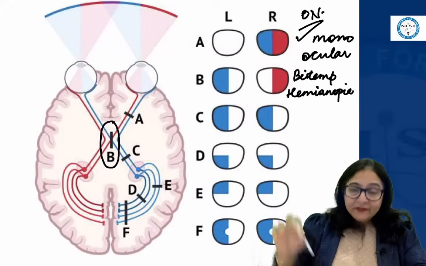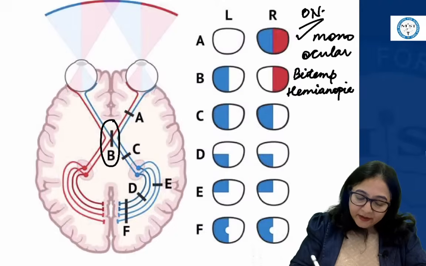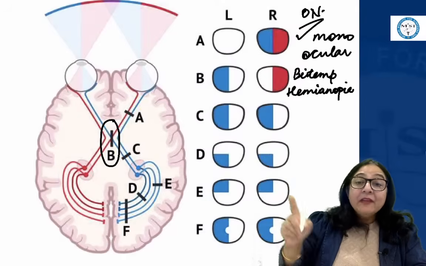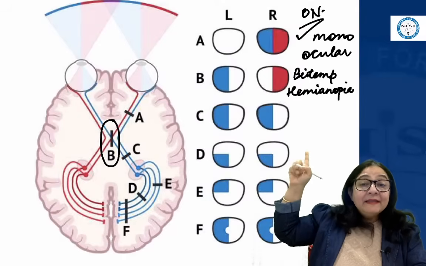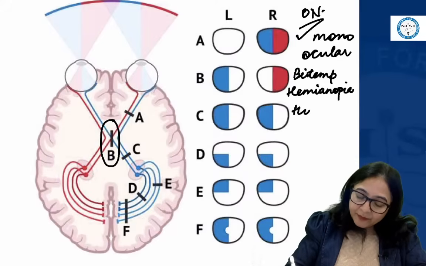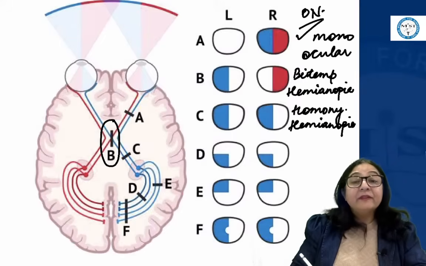And if the lesion is in the optic tract, as we see in C over here, then as we just discussed, in the part C it is left-sided homonymous hemianopia. So it will be homonymous hemianopia in optic tract lesions.